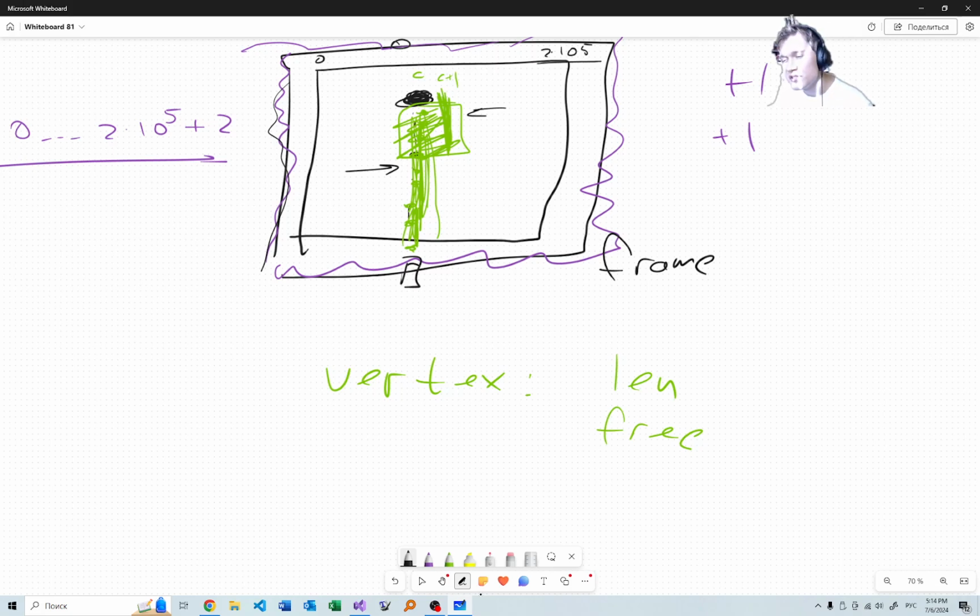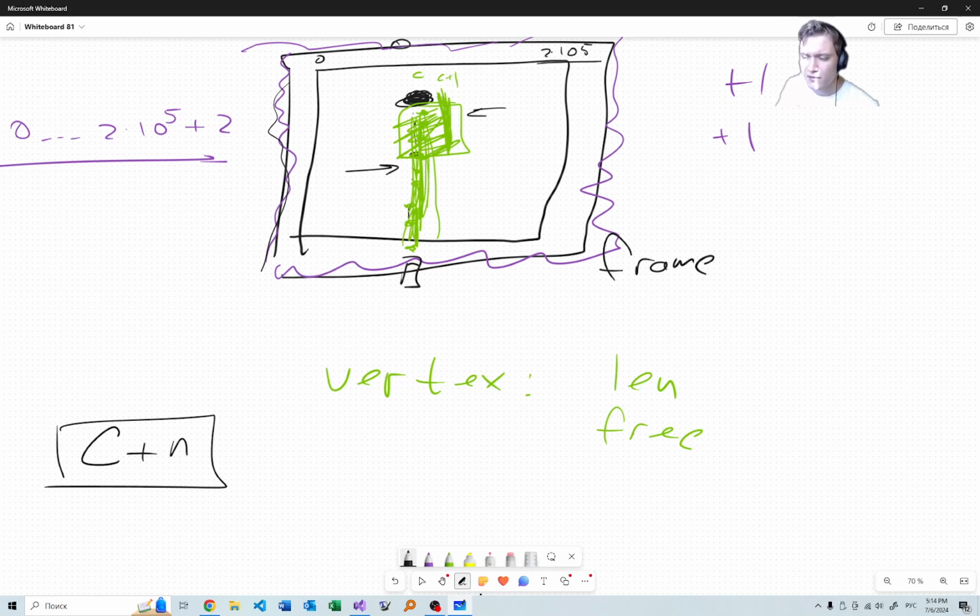Also, the number of vertices is like C plus n, something like this, where C is the number of different columns and n is the number of stones. Maybe less. So this is linear in the size of the input.